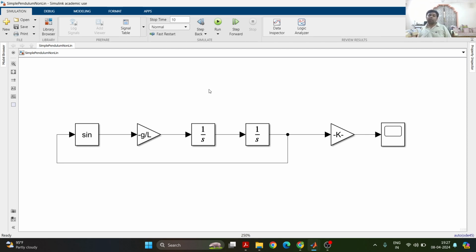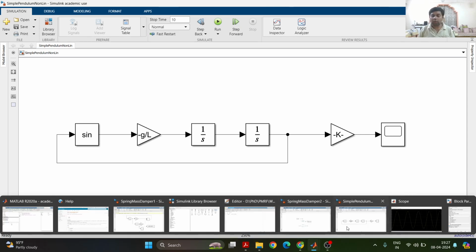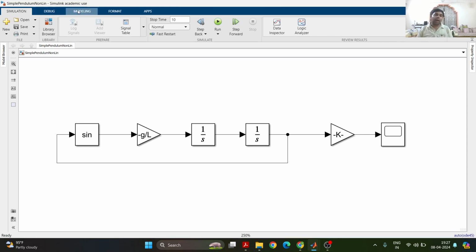So to avoid that, we can keep the parameters part separate and then use this model. It becomes more modular in the sense that we can just change the parameters and rerun the model. So the framework will remain the same, just the parameter values you can change. So that is one way to do that.